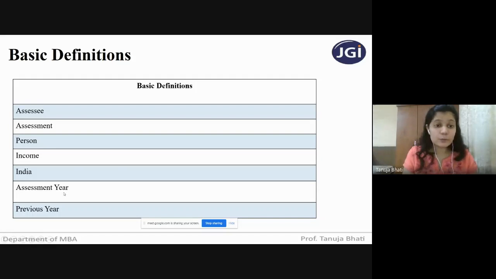So remember, assessment year is a year in which the income that is earned in the previous year is assessed to tax, on which tax is paid. And previous year is a year in which you're just earning the income. Both comprise a period of 12 months. Assessment year is succeeding previous year, and previous year is your current financial year in which you're going to earn income. So did everyone understand the basic definitions of income tax?